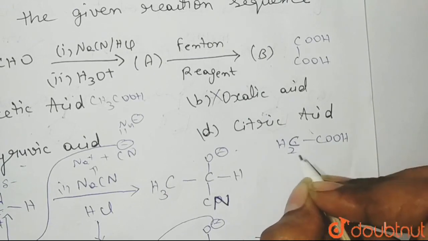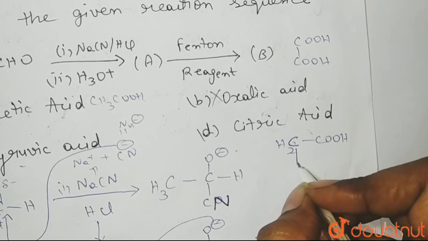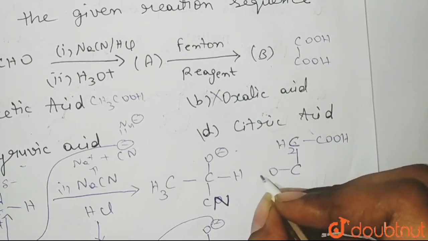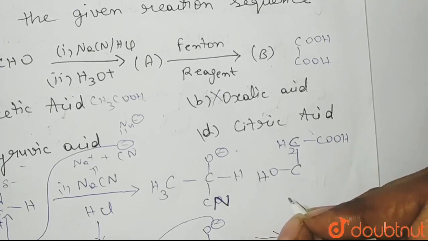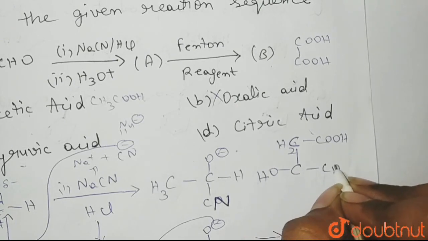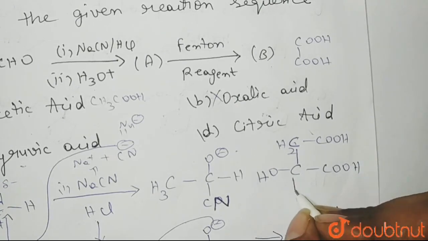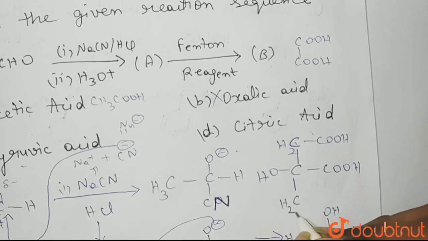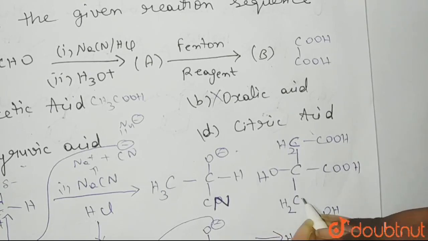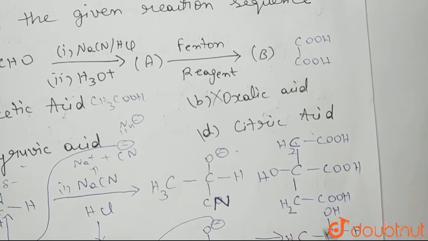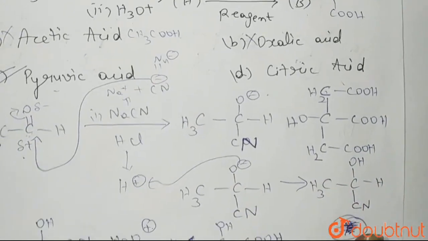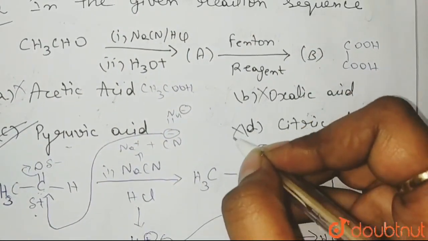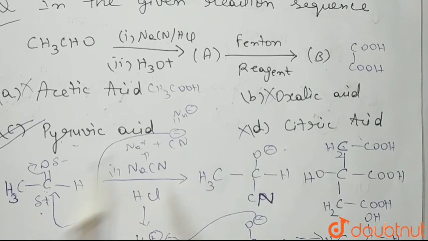To this CH2 we have a carbon to which a hydroxyl group and another COOH group are attached. Similarly, another CH2 is there, and to this CH2 another COOH group is attached. So this is the formula of citric acid. Is it forming here? No, pyruvic acid is forming, so D is also incorrect. The correct answer is C, pyruvic acid.